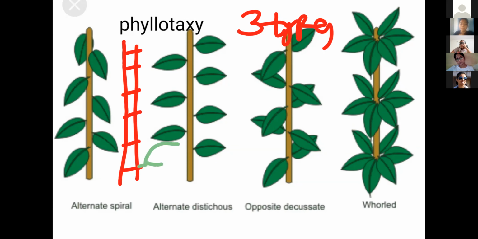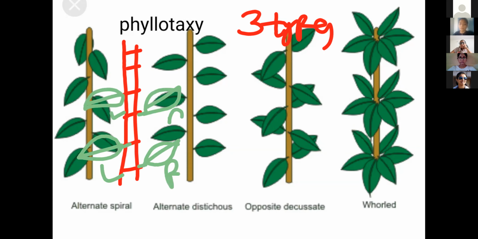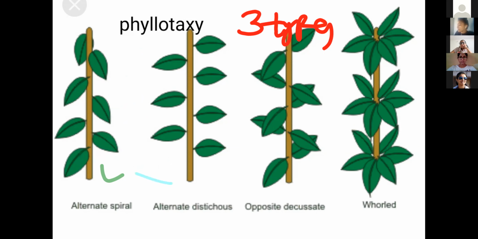See here, one leaf, then on the other side a second leaf, then third leaf, fourth leaf, one on right, one on left. Each node has a single leaf, that we call alternate phyllotaxy. Clear? At each node a single leaf is there, arranged in an alternate manner, left, right, like this.